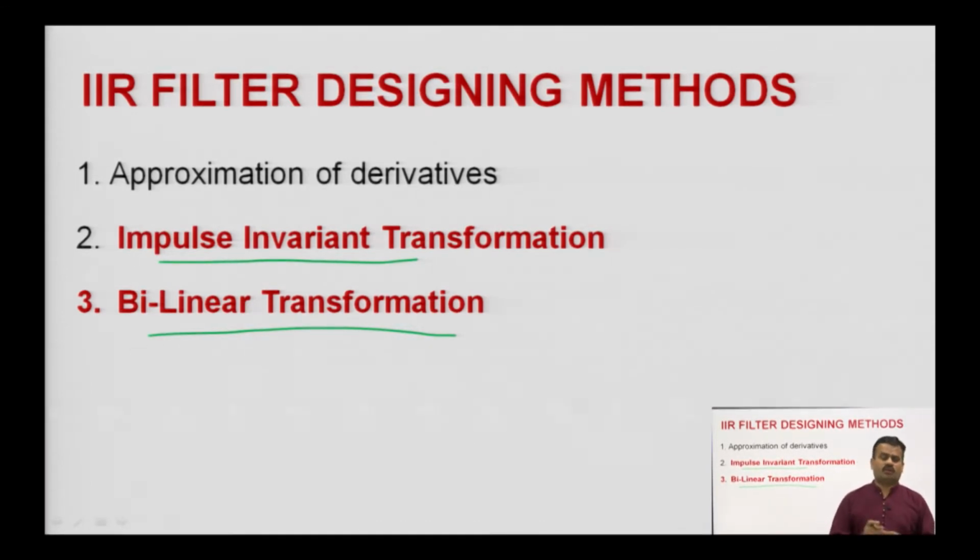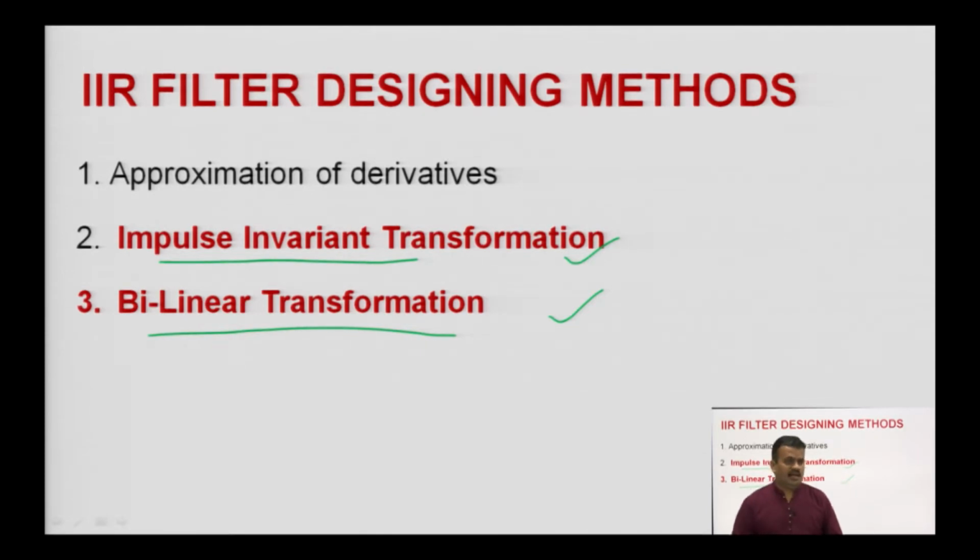It is a very important method, because these two methods are commonly used for designing the IIR digital filter, and in both methods you have to convert H(s), the transfer function of the analog filter, into H(z), the transfer function of the digital filter.